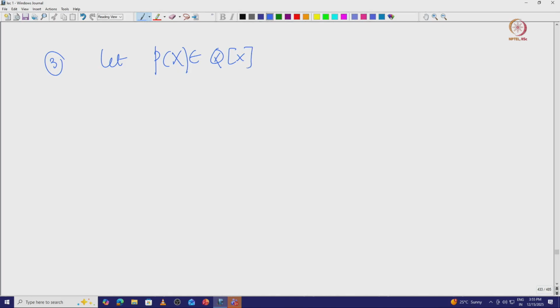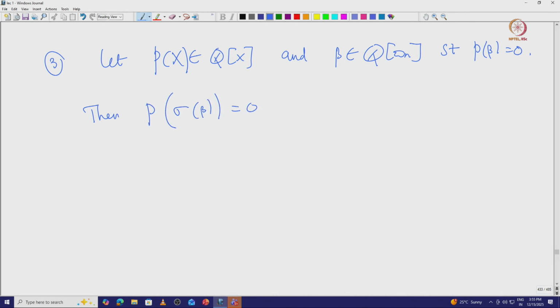That means it is a polynomial over Q whose coefficients are rational numbers, and let us fix some beta from this extension and assume that it is a root of this polynomial p of x. So, now what we can conclude is, if we take any sigma beta, that is also going to be a root of this polynomial for all sigma in gamma, and this is something very basic from field theory.